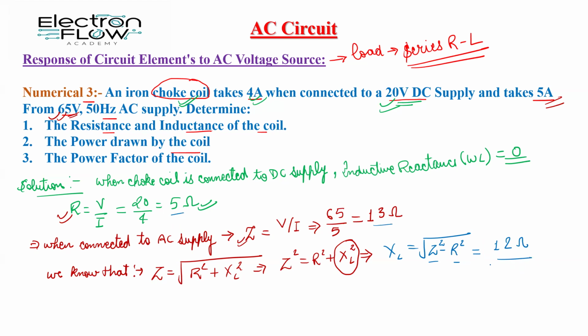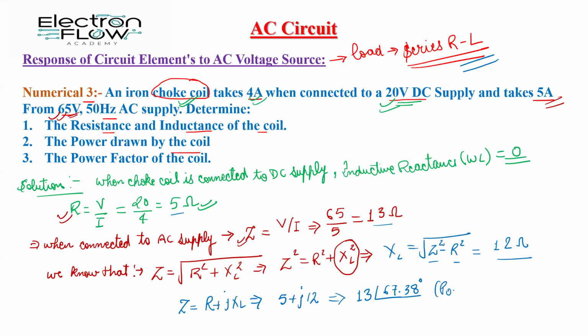Combining these, we can rewrite the equation for the series RL load. The impedance is equal to R plus j times XL, so the value is 5 plus j12. We can rewrite this in polar form, which is 13 at an angle of 67.38 degrees.